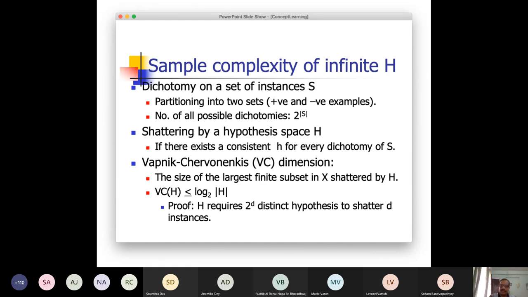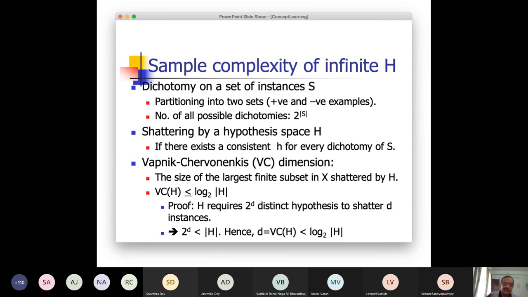So you require 2 to the power d distinct hypotheses for d instances, which means 2 to the power d should be less than or equal to the size of H. The distinct hypotheses are a subset of H itself, so it should be less than the size of the whole hypothesis space, and from there you get this particular relationship. And d is the maximum number.